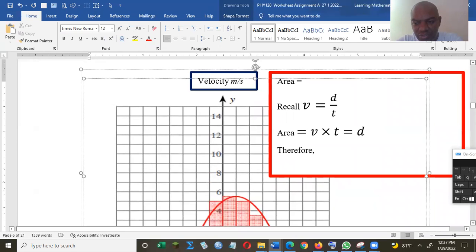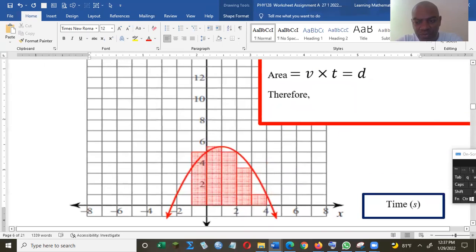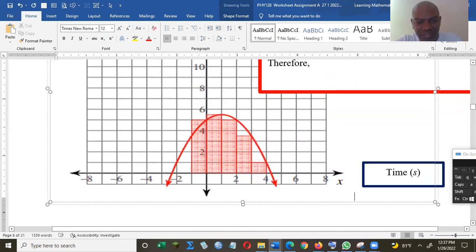We can find an approximate area by counting the area of each square. Let us zoom in on this to get a little more visibility, and count the squares that are shaded. Each one will give a unit square area. 1, 2, 3, 4, 5, 6, 7, 8, 9, 10, 11, 12, 13, 14, 15, 16, 17, and then you have 17.5, and then 17.5, and this could give us 18, and this one can give us 19.